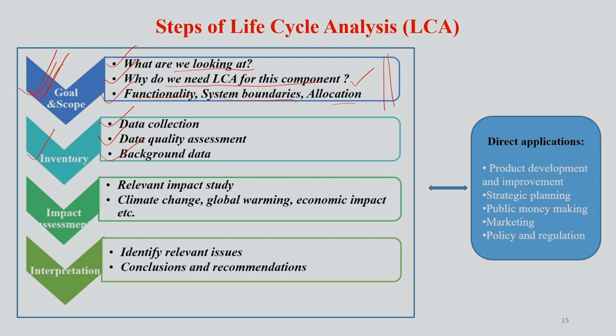So, inventory is largely about data management, from data collection to data quality assessment, etc. The third step is impact assessment, where you carry out relevant impact studies: climate change, global warming, and economic impact analysis are also carried out. Finally, interpretation of the analysis or the outcome of this LCA. You identify the relevant issues, and finally we give conclusions and recommendations.